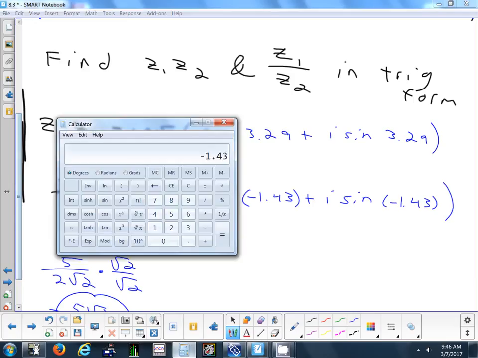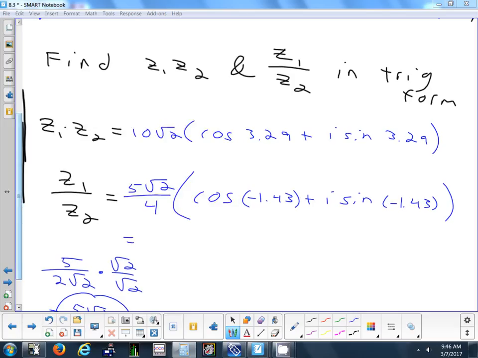There is no difference between taking the cosine of positive 10 and taking the cosine of negative 10. It's exactly the same number. So what does that mean about this negative on the negative 1.43? It doesn't matter, at least with cosine. So if you ever get a negative on cosine, we've said this before, you don't need it.